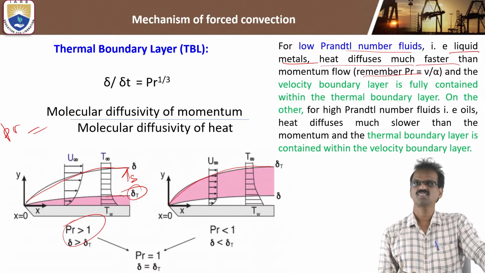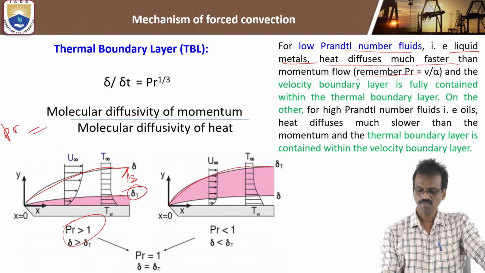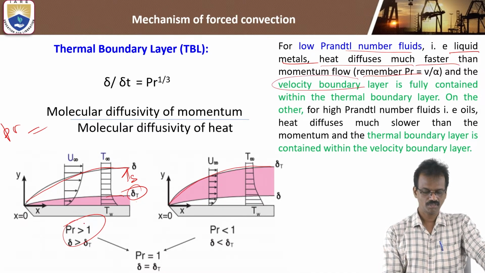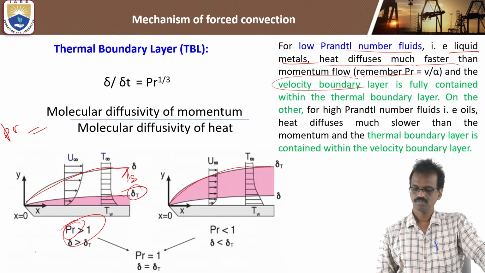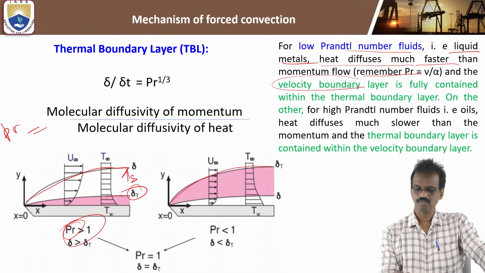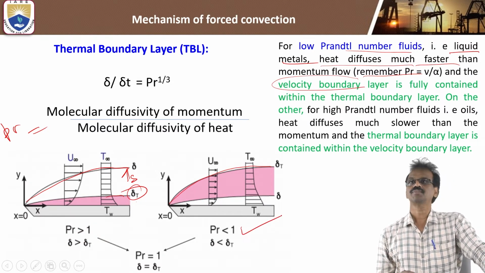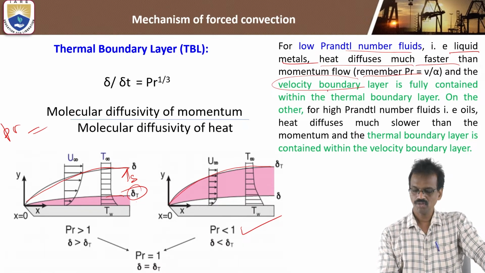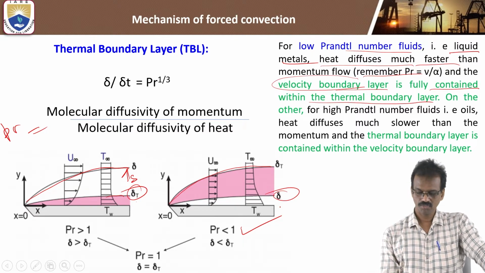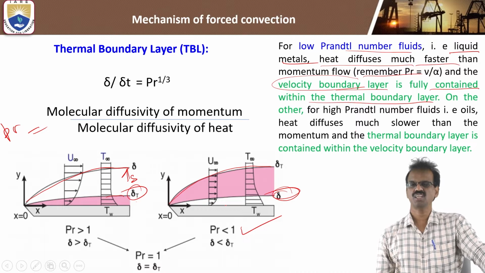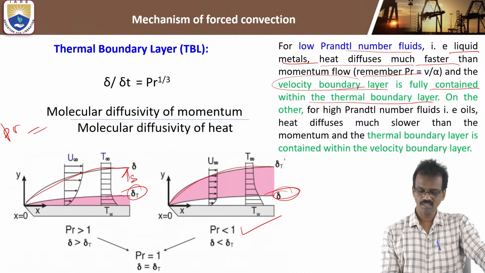Here, for the low Prandtl number, the velocity boundary layer is fully contained within the thermal boundary layer. So this velocity boundary layer is covered by the thermal boundary layer.